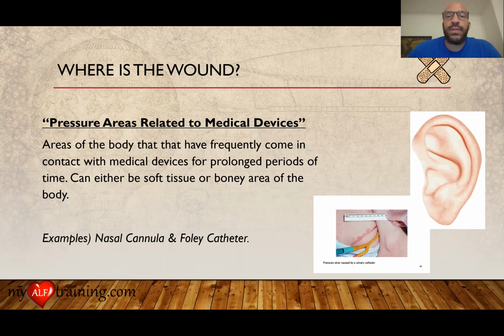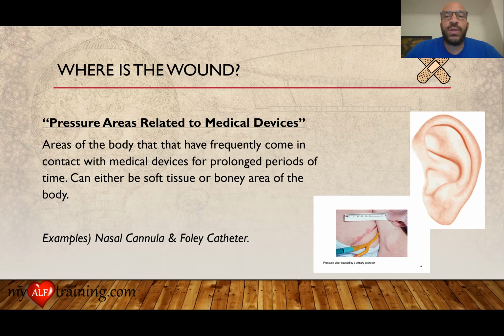And those are areas that are in constant contact with a medical device. Specifically, the most common would be a nasal cannula or a Foley catheter. So, if your patient has a nasal cannula, is on continuous oxygen, or has a Foley catheter, then we want to make sure that we are paying special attention not just to the bony prominences, but also the soft tissue areas where these medical devices are in constant contact.